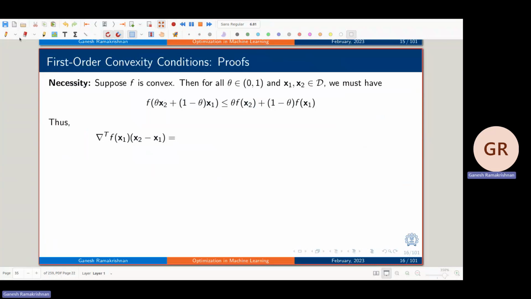As a hint, this may have something to do with the directional derivative. That's why we talked about directional derivative. So do you think this is something to do with directional derivative? The dot product of the gradient with x2 minus x1 is the directional derivative at x1 in the direction of x2 minus x1.